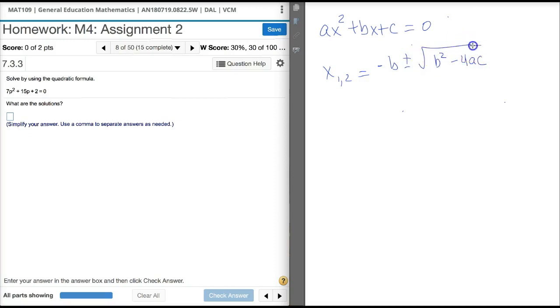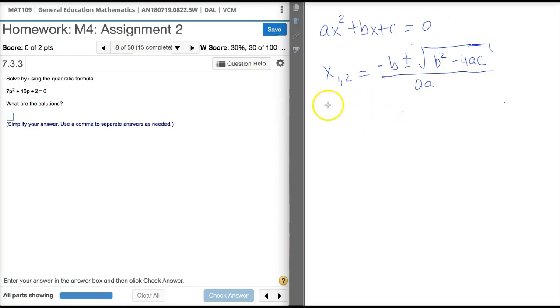How we come up with this formula involves a process called completing the square, but since it's out of the scope of this course, all I'm going to tell you is to make sure you write this formula down and use it.